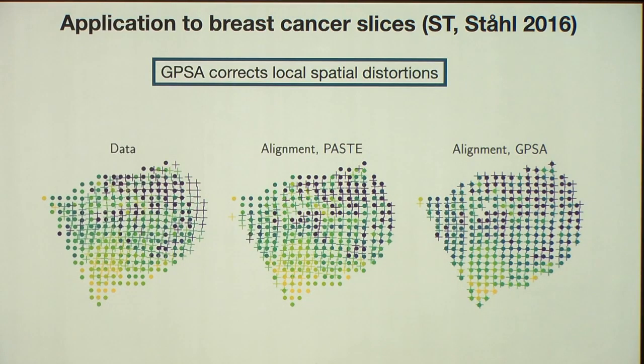We found that on the right, GPSA could correct for these very local and nonlinear distortions that occur in the spatial coordinates. We also found that our model could better correct for these distortions compared to a competing method called PASTE, which uses a purely linear alignment.